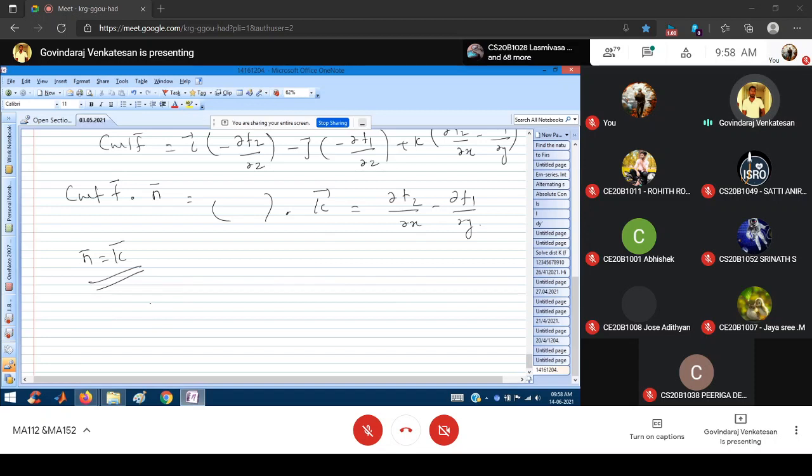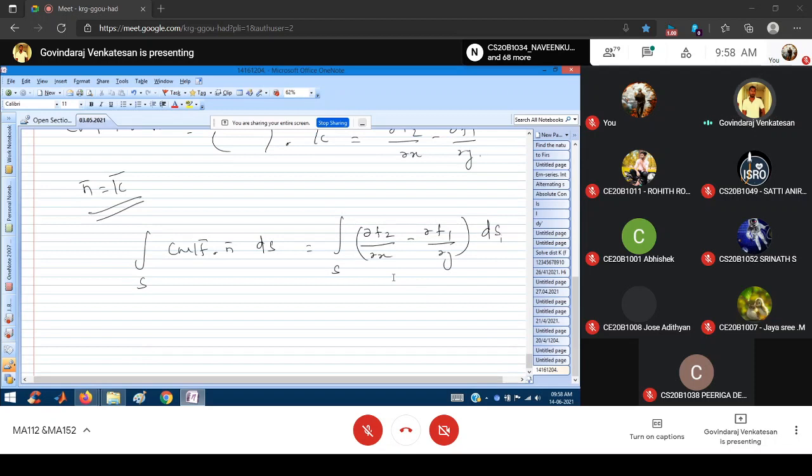So the right hand side integral is the integral over S of curl f dot n vector into ds, which is nothing but the integral over S of dou f2 by dou x minus dou f1 by dou y into ds. Now you compare the Stokes theorem left hand side and right hand side values. The integral over C of f vector dot dr is the integral over S of curl f dot n ds. This is our Stokes theorem.